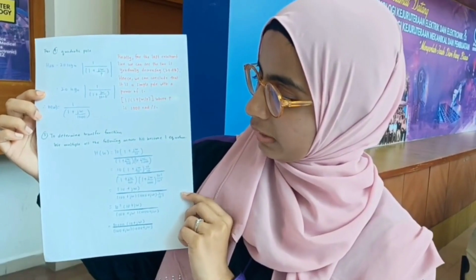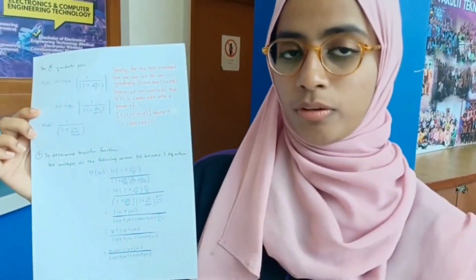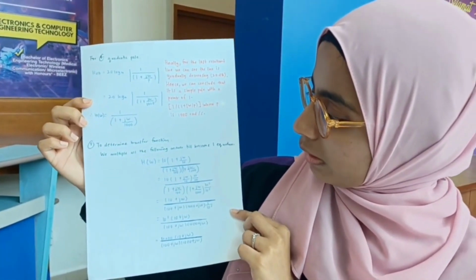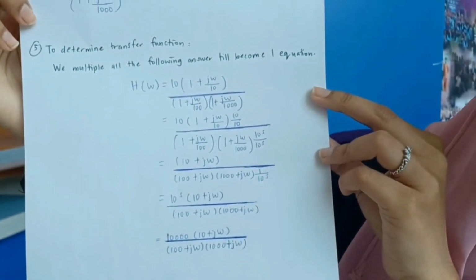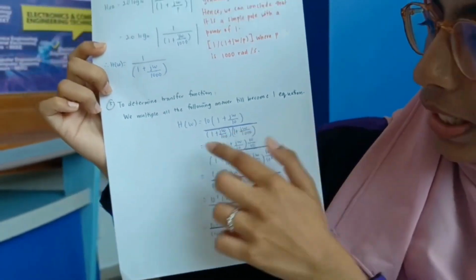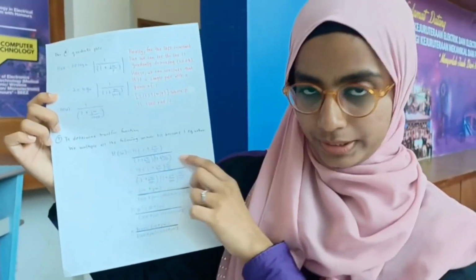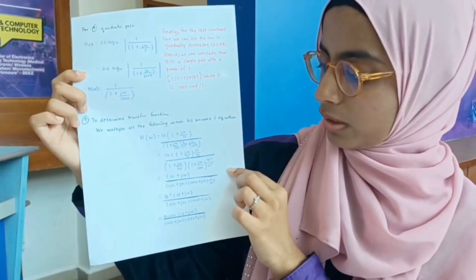Okay, so finally we can see the combination of equations 1, 2, 3, 4 from the Bode plot. So we multiply all the following answers until they become one equation. This is the calculation steps that I've already written clearly. So H omega equals 10 bracket 1 plus j omega over 10, divided by bracket 1 plus j omega over 100 times bracket 1 plus j omega over 1000.